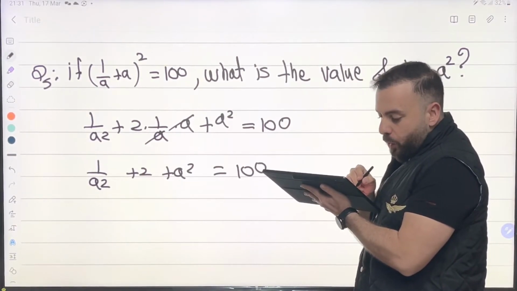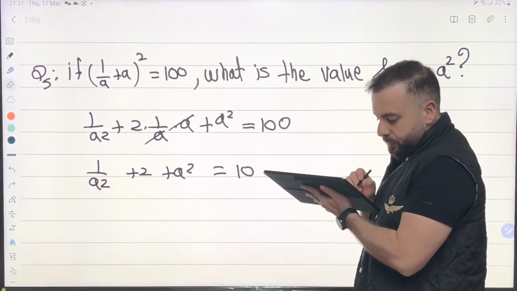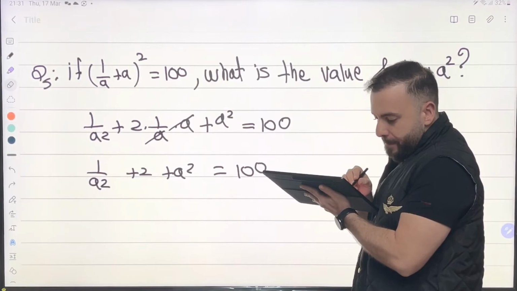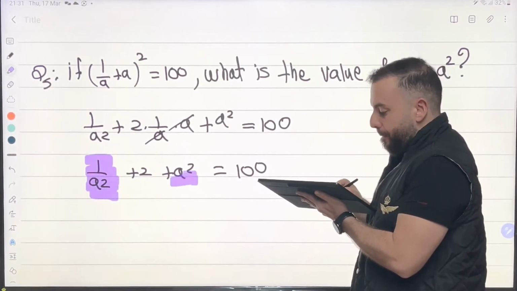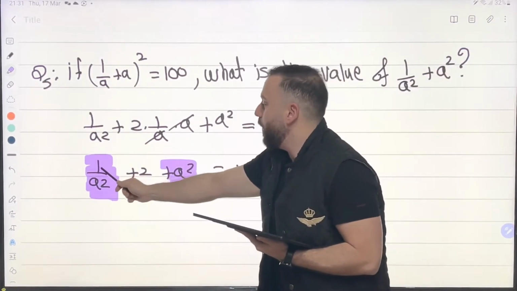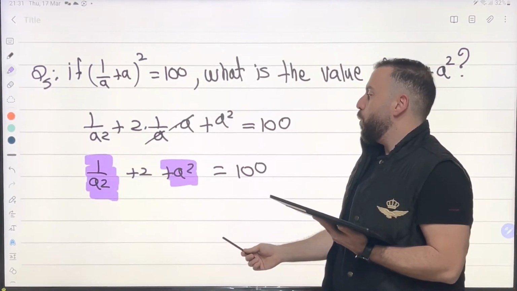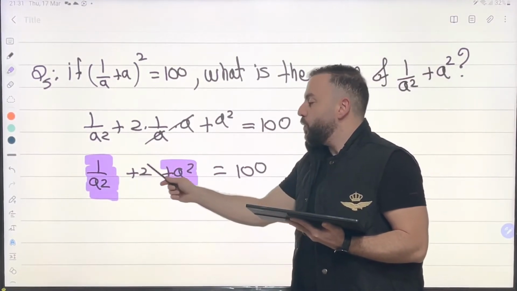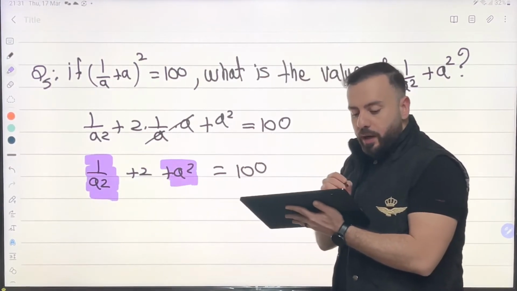Now, what I want is 1 over a squared plus a squared. So what shall I do for the left hand side? I need to remove what? 2. Shift it to the right side.